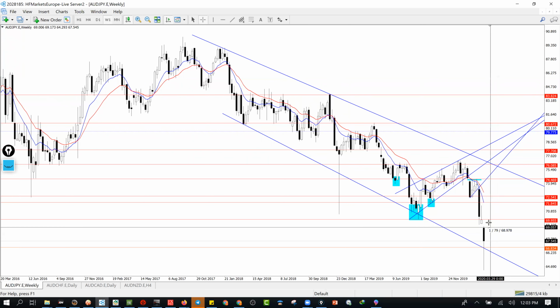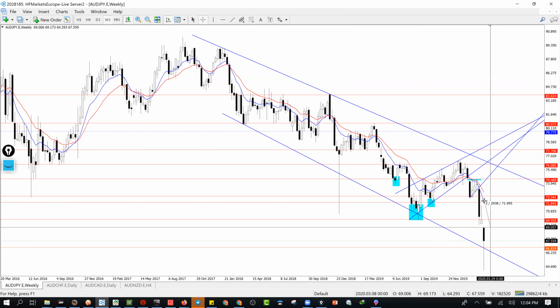The right place to implement our stop loss is above the previous resistance level at 71.845, which is almost 300 pips away. That means you have to take a very small position size so that you don't run into a high loss in case things go wrong.